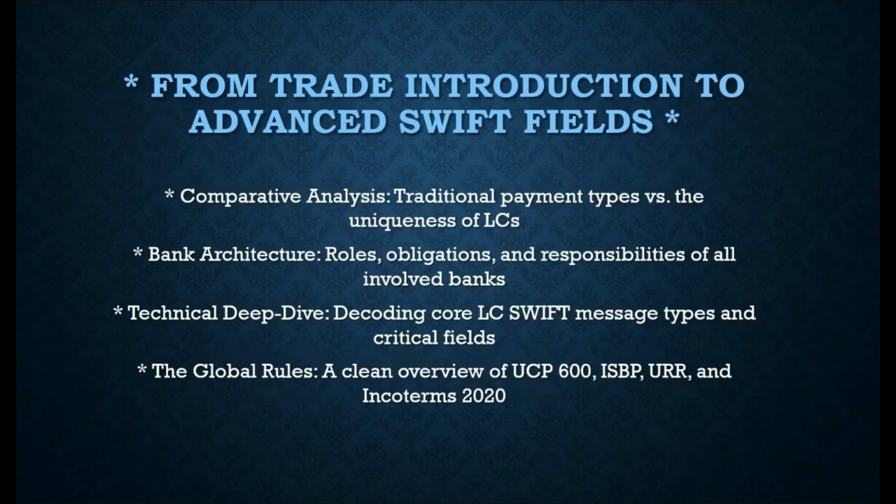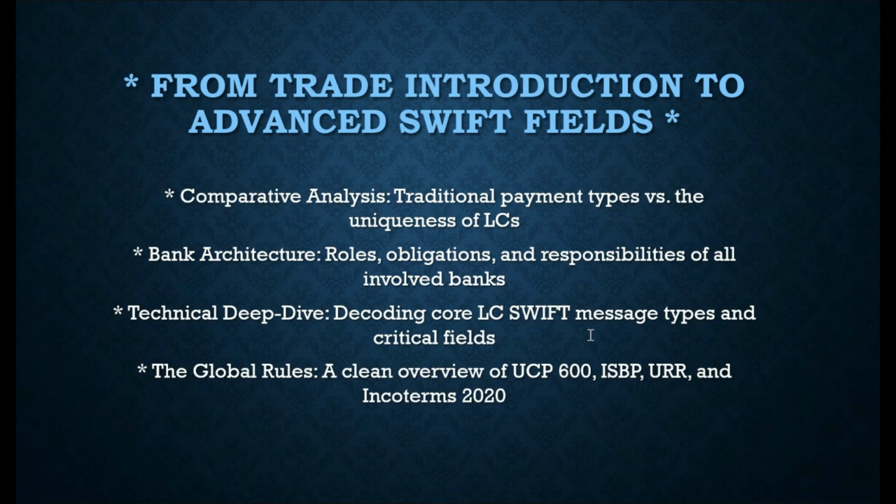Inside the course, we have structured this training across 9 comprehensive modules. We begin with a solid introduction, comparing LCs against other international payment methods to highlight exactly why they are unique. From there, we map out the specific roles and responsibilities of various banks involved in the chain.